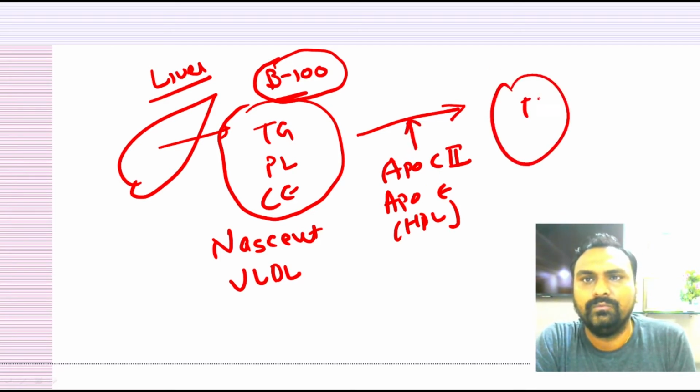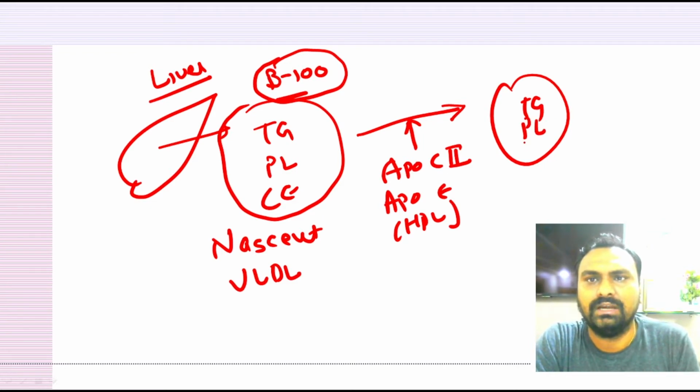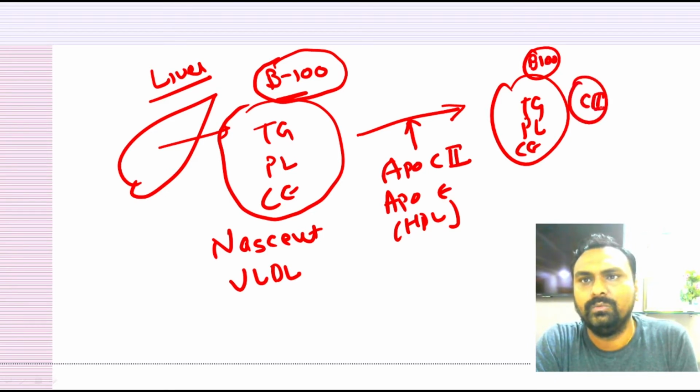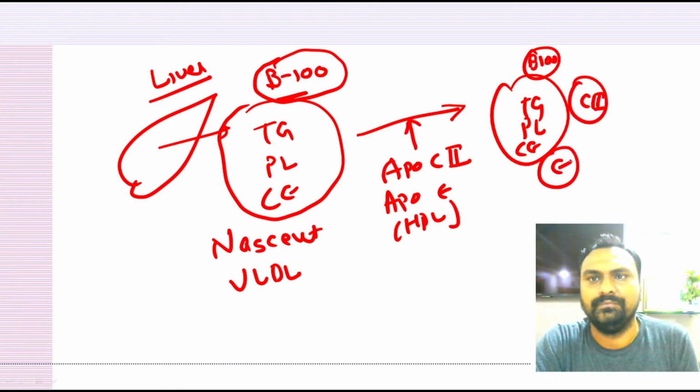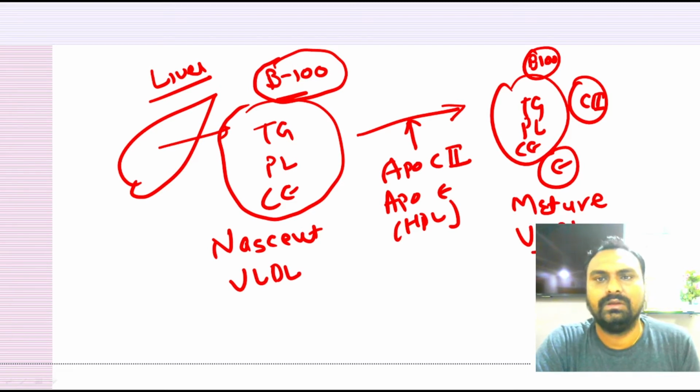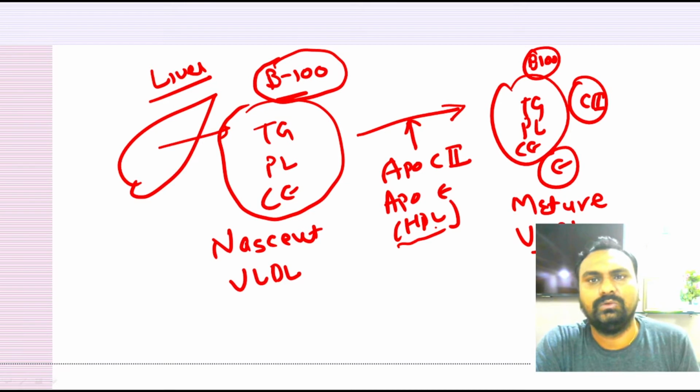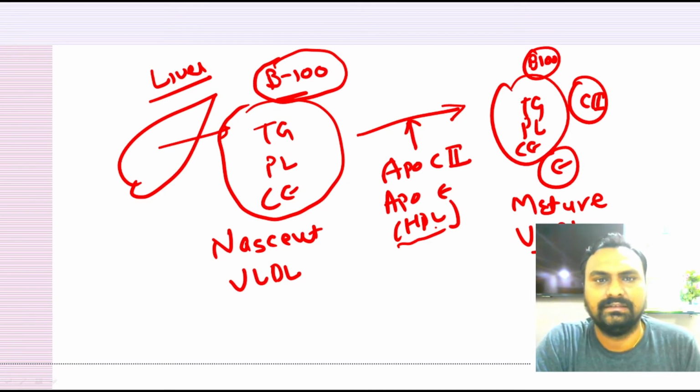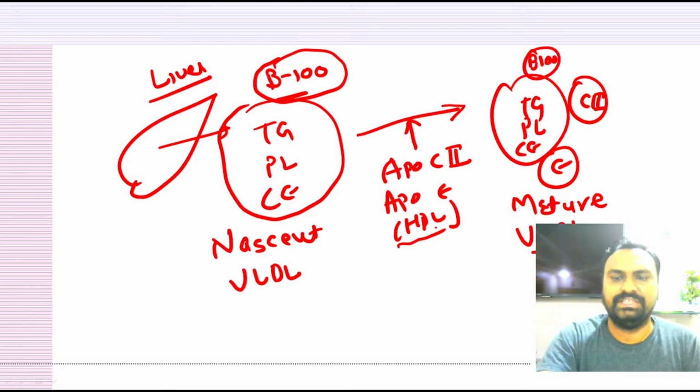So now this triglyceride, phospholipid, cholesterol ester along with the ApoB100, ApoC2 and ApoE structure is called mature VLDL. So in the circulation, from HDL, ApoC2 and ApoE are donated, and now this nascent VLDL is converted to mature VLDL.